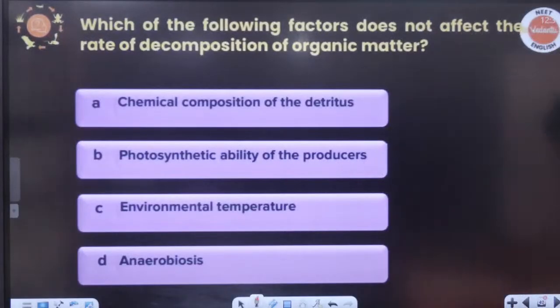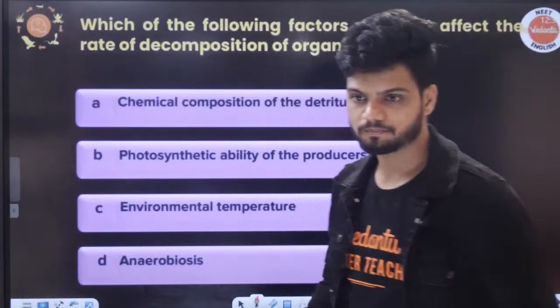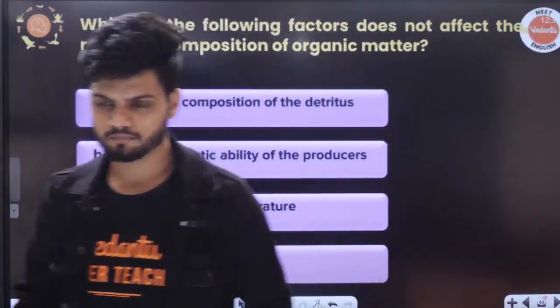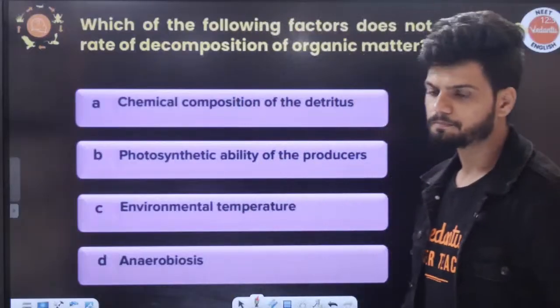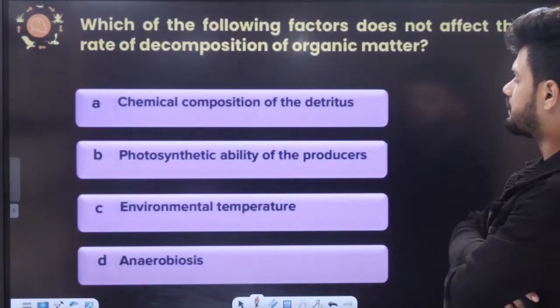Read the question quickly, all of you, and solve it. Which of the following factors does not affect the rate of decomposition of organic matter? Chemical composition of detritus matters.